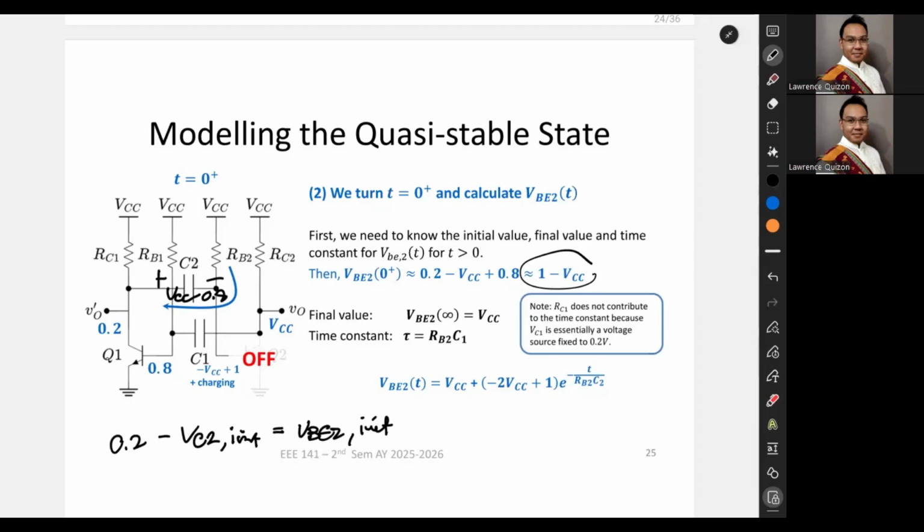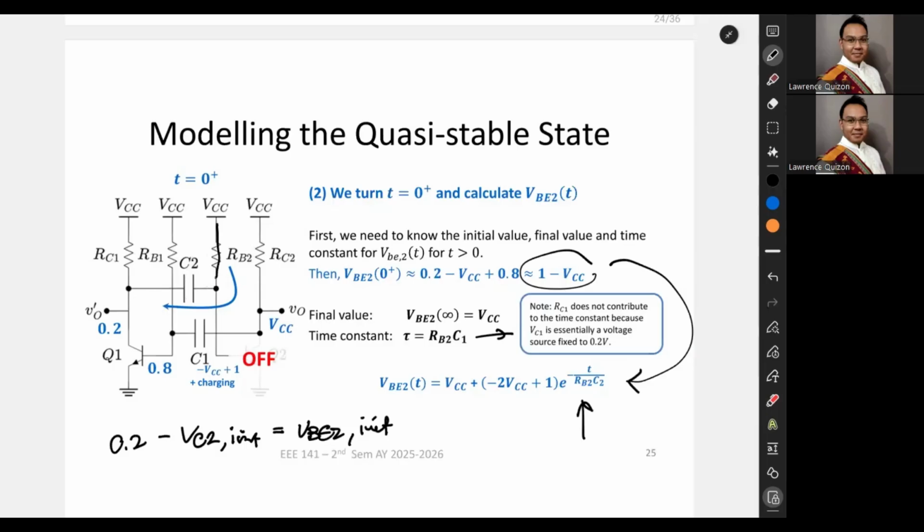Okay? Now, using our 1, 2, 3 lessons in order to figure out the actual time function, we have VBE2 equals VCC plus (1 minus 2 VCC) e to the minus t over tau. Okay? So, how do we find out tau? Let's analyze that. So, C2, in fact, charges through RB2.